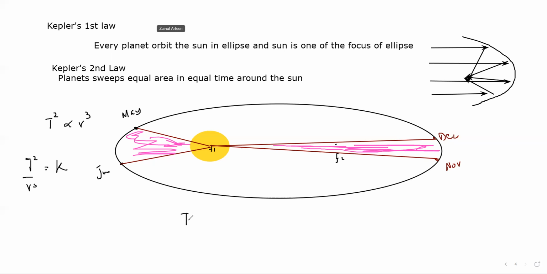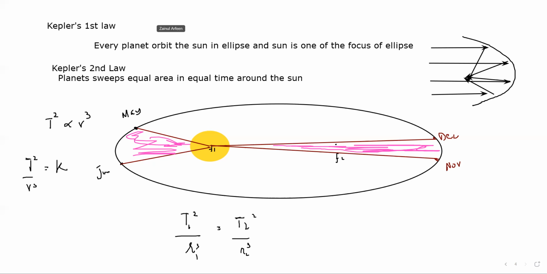So we can say T1 squared over r1 cubed is equal to T2 squared over r2 cubed. And then we simplify this formula.